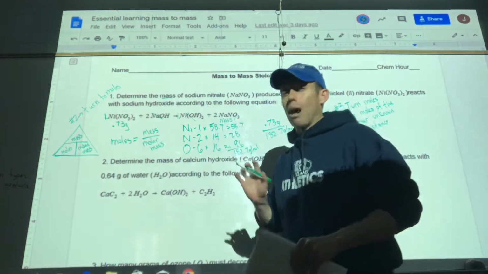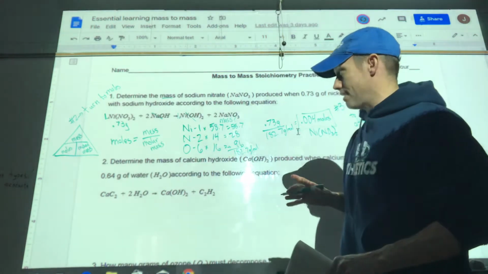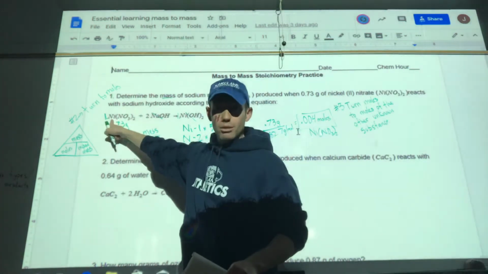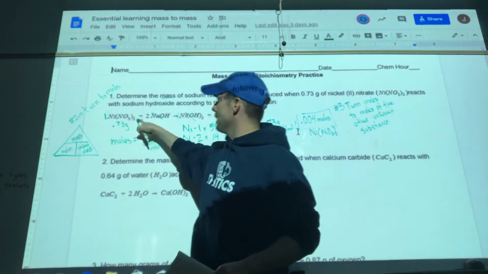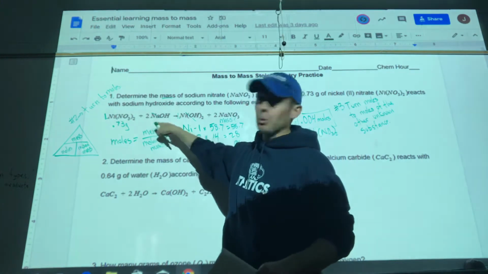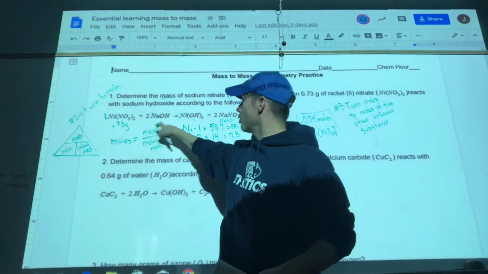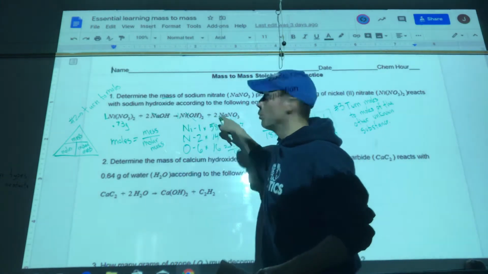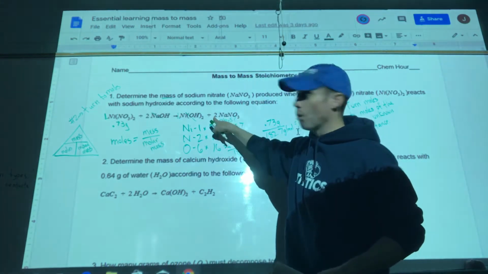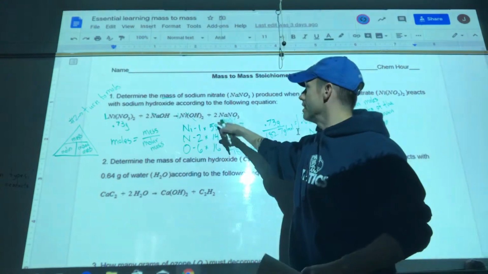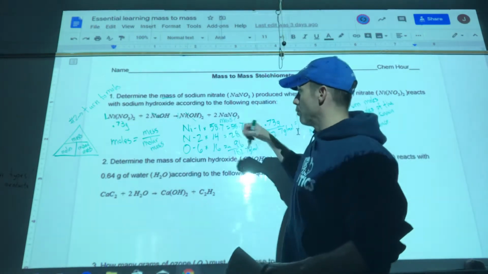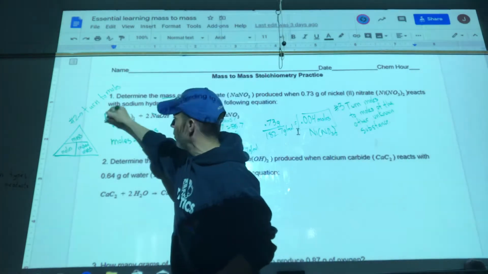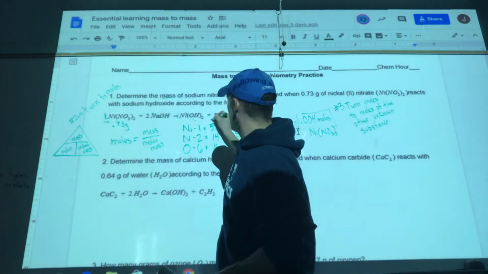Okay? Now, what that means is this. For every 1 molecule of this, we need 2 molecules of this to produce 1 of these and 2 of these. Okay, that's where those coefficients are. Now, if we're starting with this one, we're focusing on just this coefficient and this coefficient.